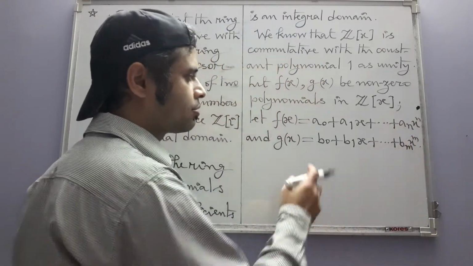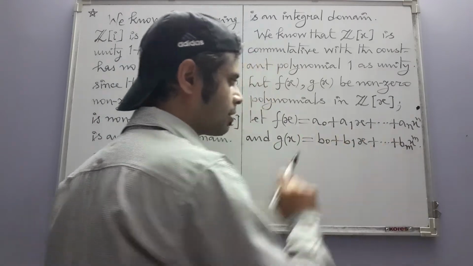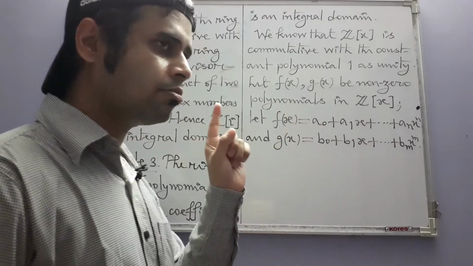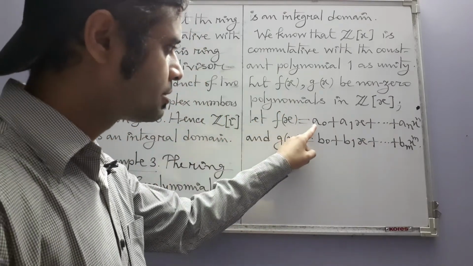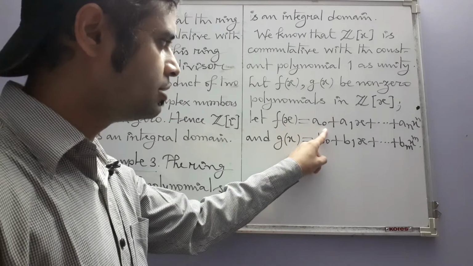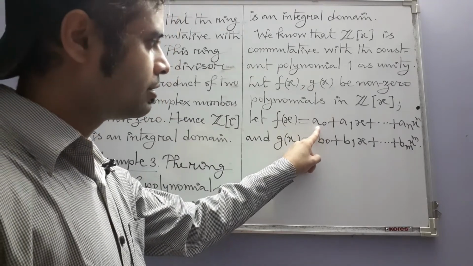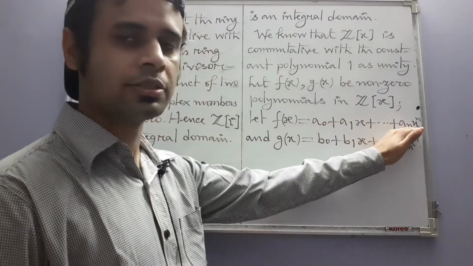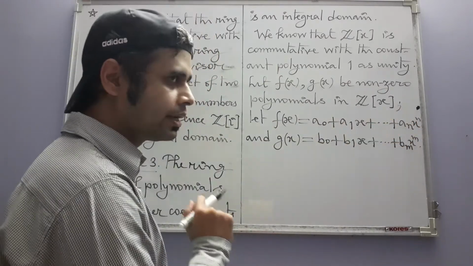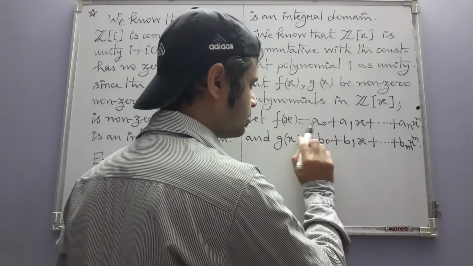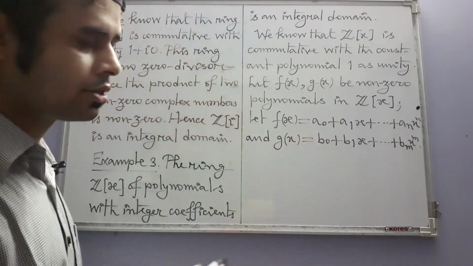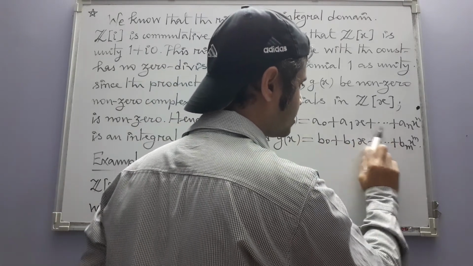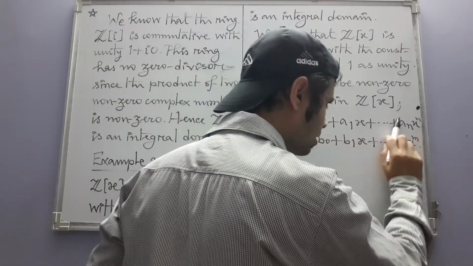You may think, okay, then what about these terms? Since one ai is non-zero, if you start by considering this and continue as long as you get non-zero terms, you will get one non-zero ai because f(x) is a non-zero polynomial. So you consider the non-zero ai that appears last, and that one is this one.